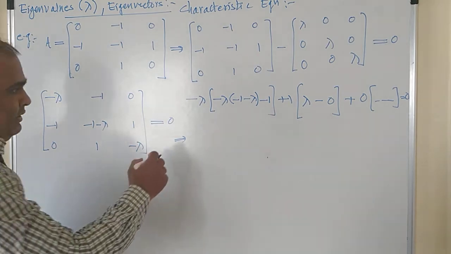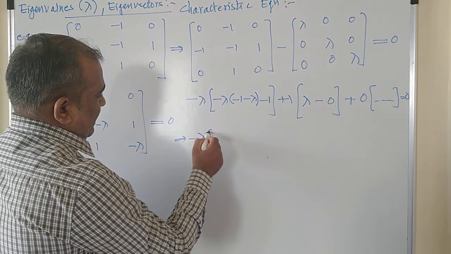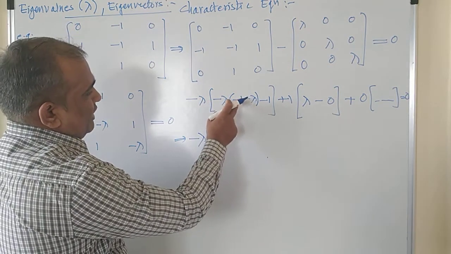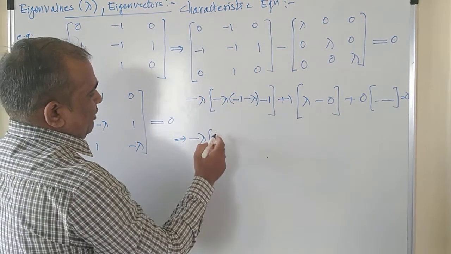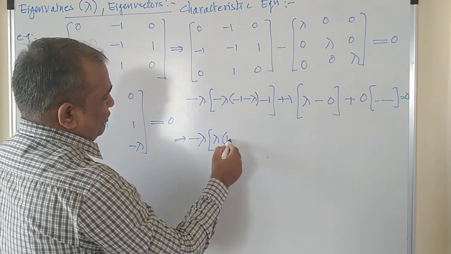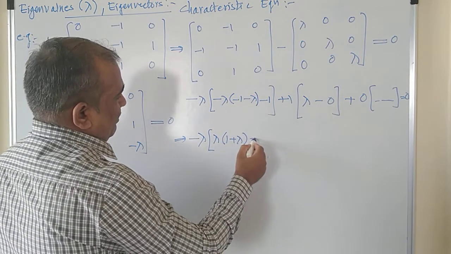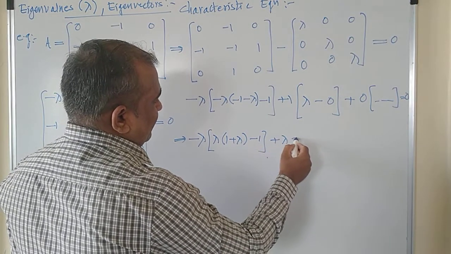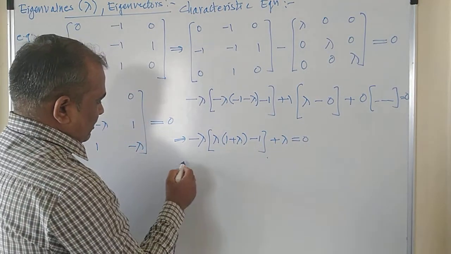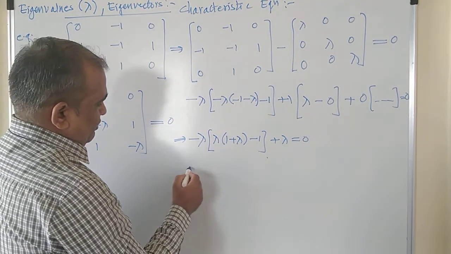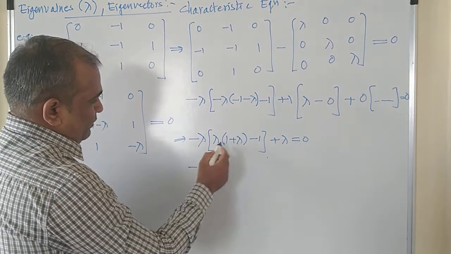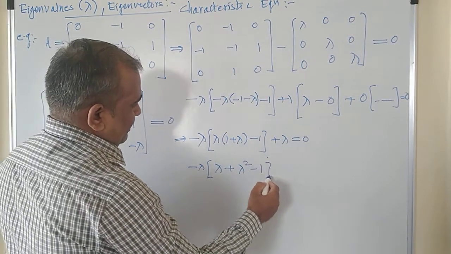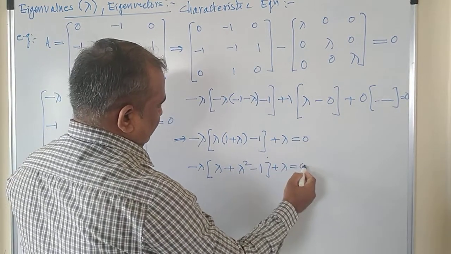Now you can solve this and we'll get the eigenvalues. So minus lambda into, you can take the negative sign common from here. Negative will be plus, and you will get lambda into 1 plus lambda minus 1 plus lambda equals 0. You can simplify this. So minus lambda into lambda plus lambda square minus 1 plus lambda equals 0.